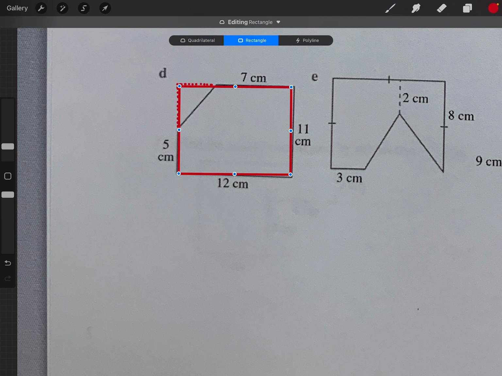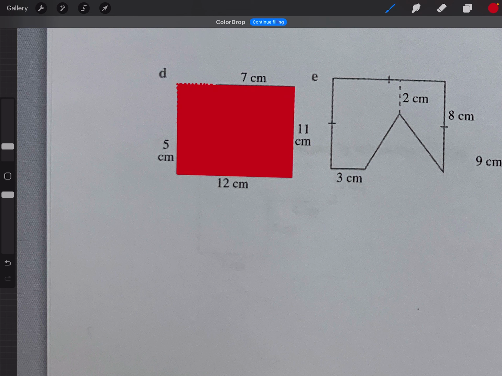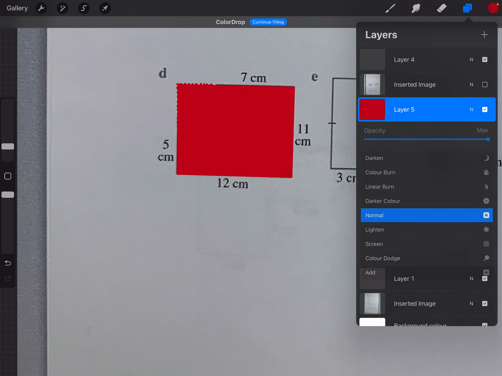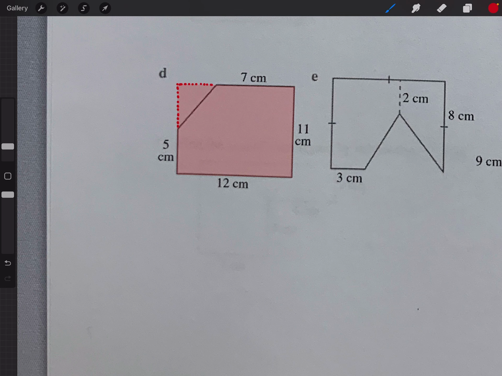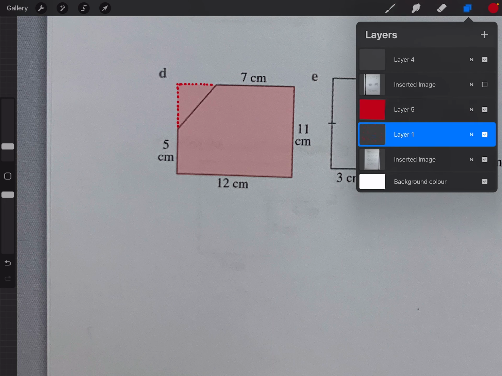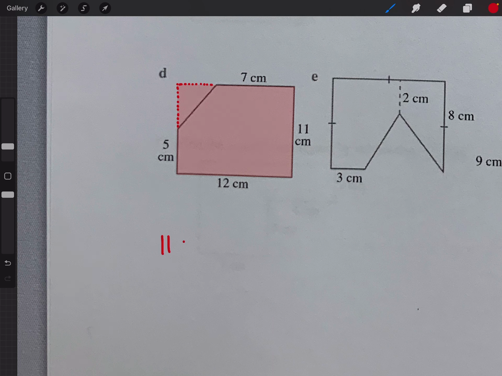Okay. So the area of this entire rectangle is 11 times 12, which is 132 if you know your times tables, centimeters squared.